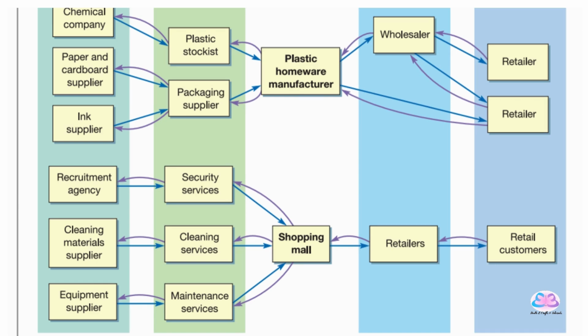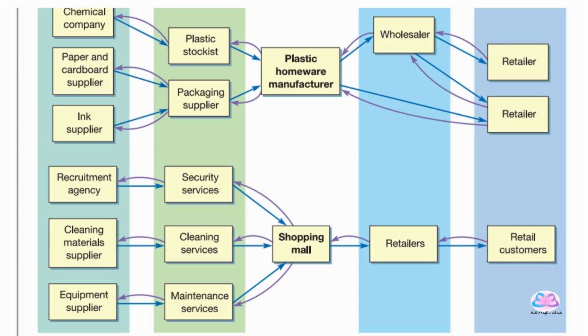However, it also supplies some retailers directly, bypassing a stage in the network, not an uncommon situation. As product flows from suppliers to customers, orders and information flow the other way from customers to suppliers. It is a two-way process with goods flowing one way and information flowing the other.